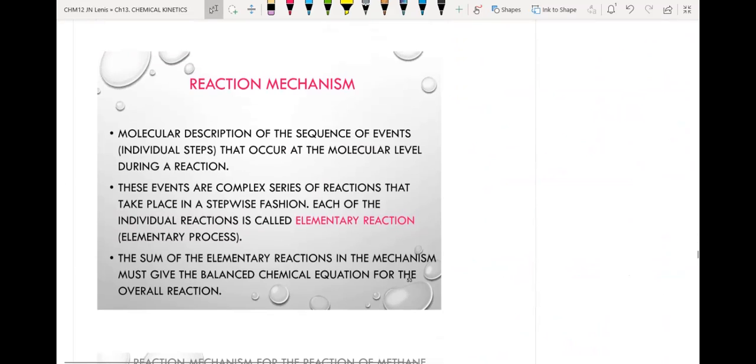The next topic is the reaction mechanism. What is a reaction mechanism? It's a molecular description of the sequence of events or individual steps that happen at the molecular level during the chemical reaction.